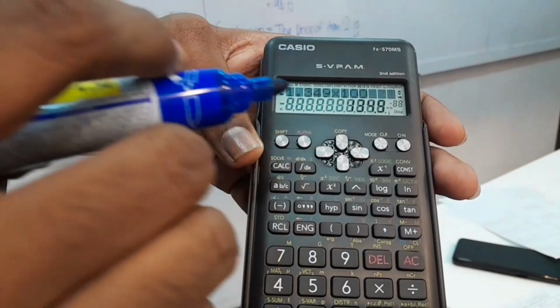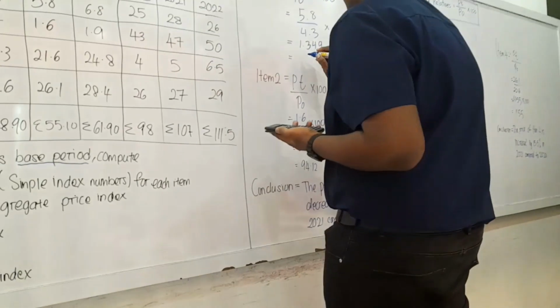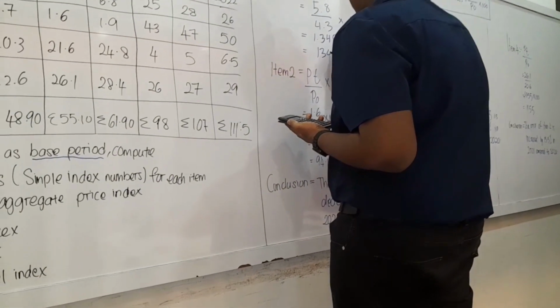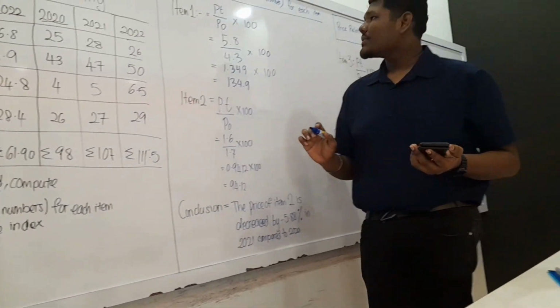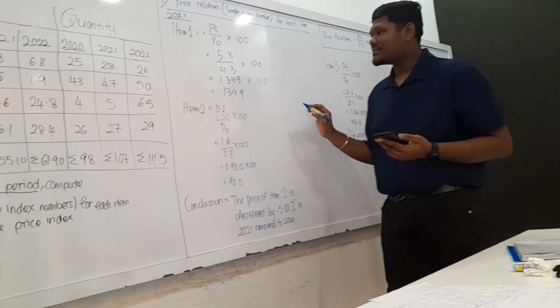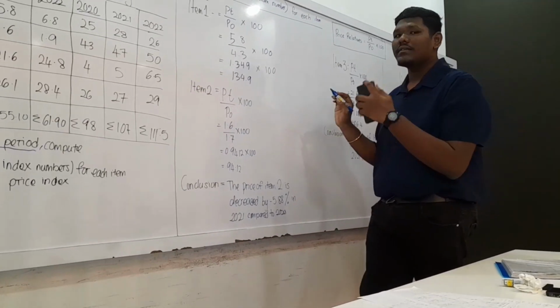The answer is 134.9. This is the price relative solution which you have to do.